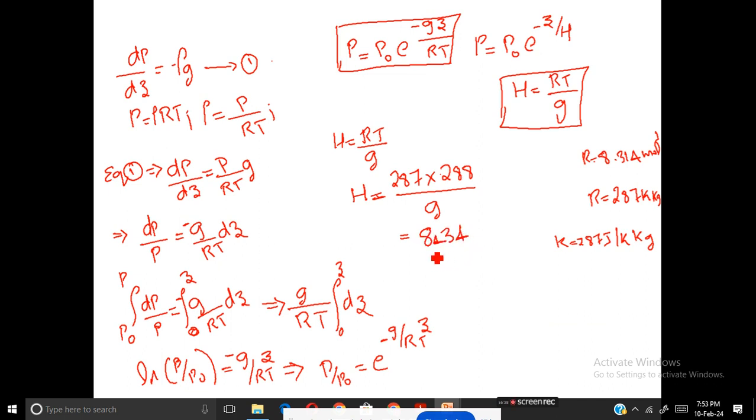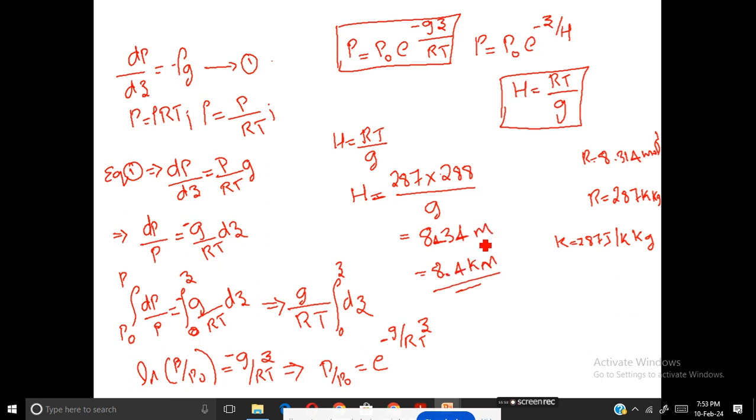It will be the base SI unit. What is the SI unit for distance? It will be meter. It is height, no? Yeah, meter. 8.4 kilometer it will become.